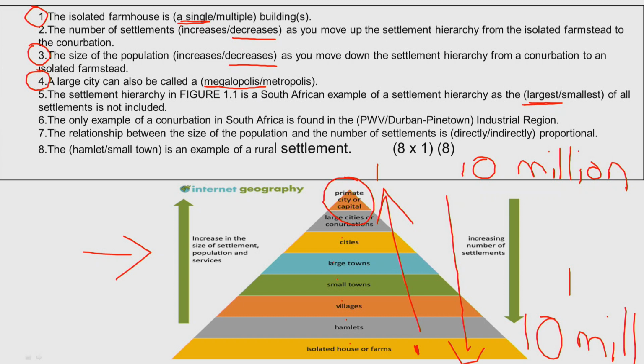The only example of a conurbation in South Africa. Things have changed. PWV, old word, but let's help you out with that old word. P stands for Pretoria. W for Witwatersrand.